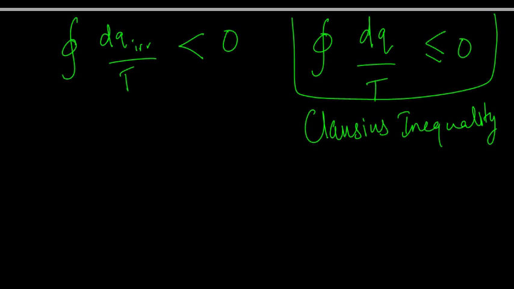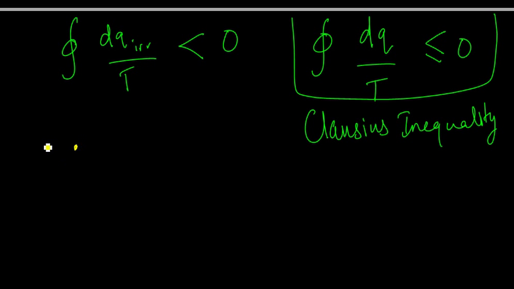See, when you're talking of system or surroundings, then you have to worry about the state functions. Okay. So let's worry about how we come to the second law that you are more familiar with, starting from the Clausius inequality.